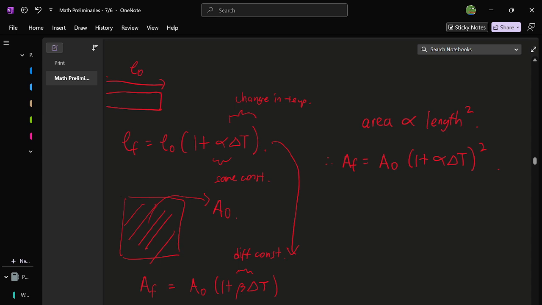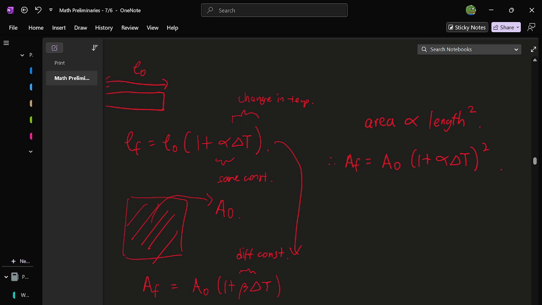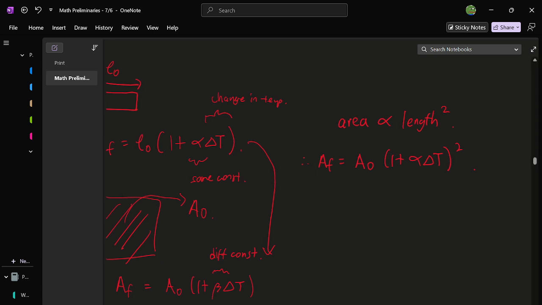You can say that this is true because area is proportional to length squared, and you're just squaring the factor that was multiplied to the length. So no approximations were done up to this point. Now this is where the approximations come in. You can choose to expand this however you want.